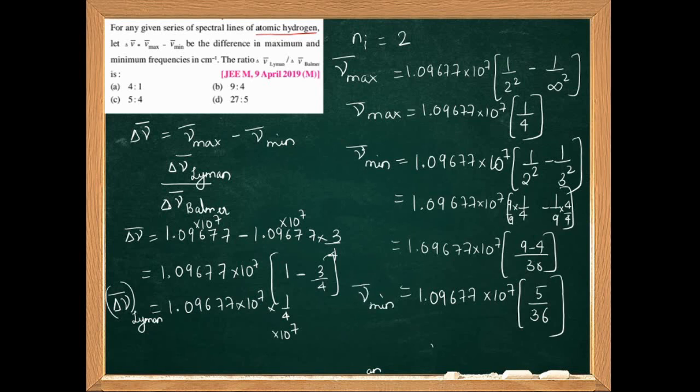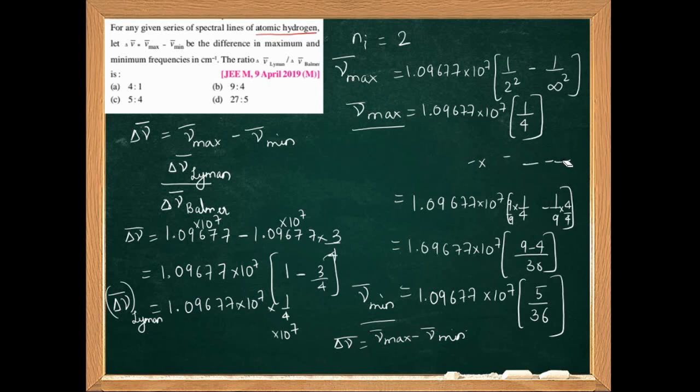I have to do the subtraction of nu max and nu min. So delta nu is what I have to find out. So delta nu will be nu max minus nu min. Okay, I can erase this part and do the calculations here.